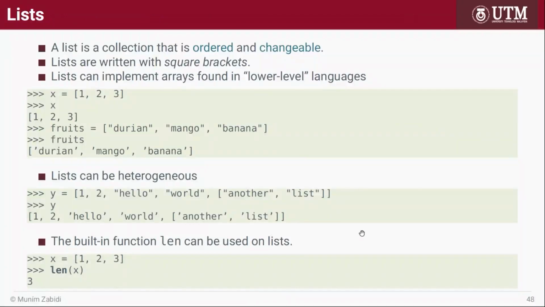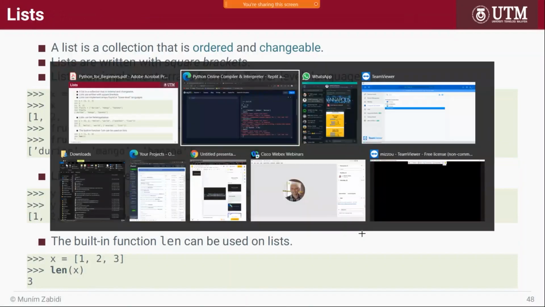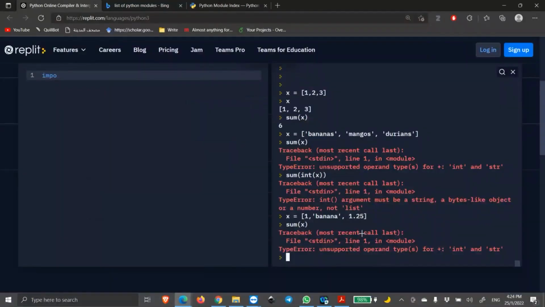And then you can also have a list inside the list. So here in this example, we have a list. The list can have mixed data types, can have integer, floating point, and string, but also inside the list, you can have a list. So I can have 1.